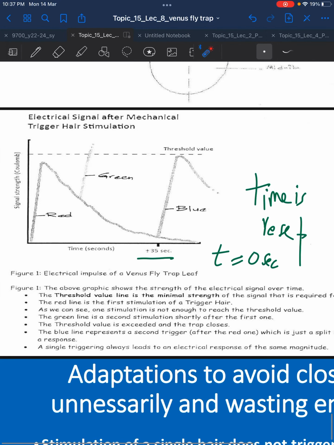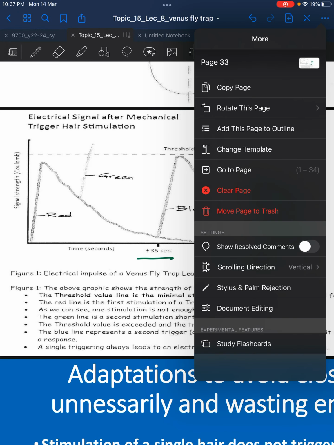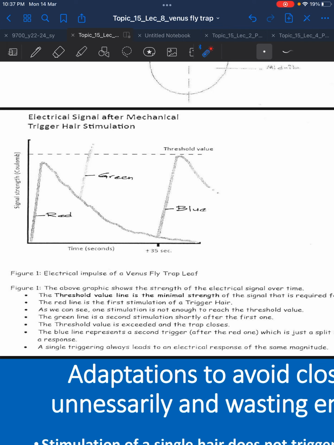So it's important to note that this is the first stimulus, this is the second, and all occurs less than 30 seconds. Okay, less than 30 seconds.